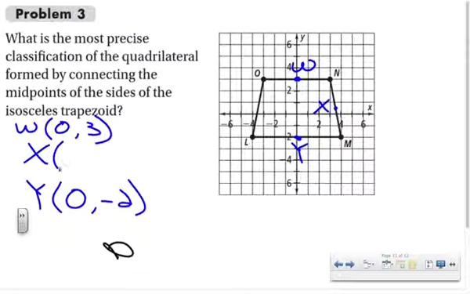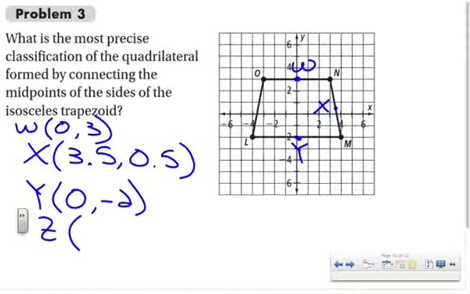X is located at 3.5, comma 0.5, and Z is right there at negative 3.5, comma 0.5. All I've done so far is find where the midpoints are.